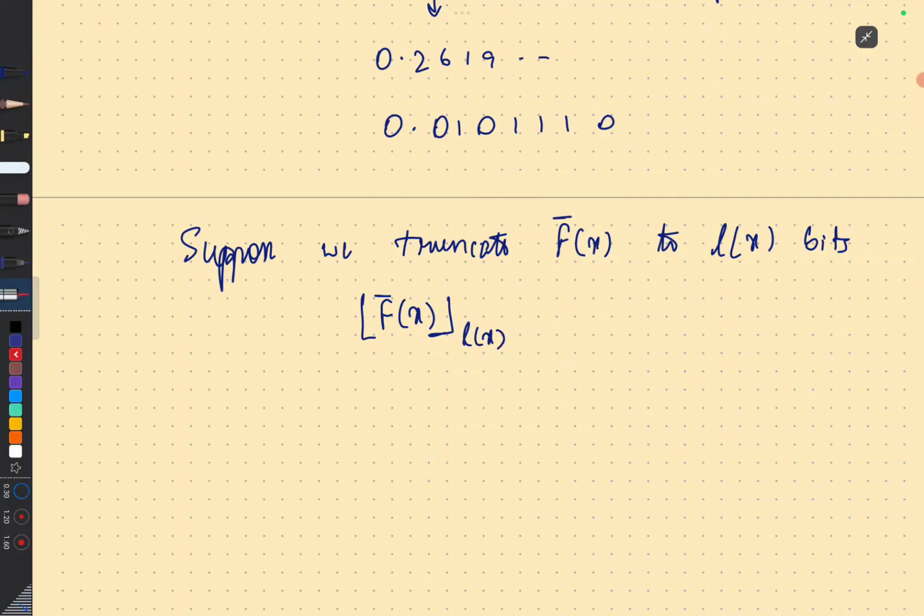So this is the truncation of f bar of x to L of x bits.